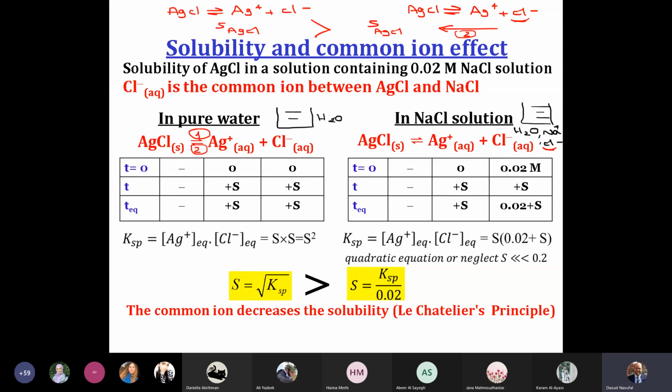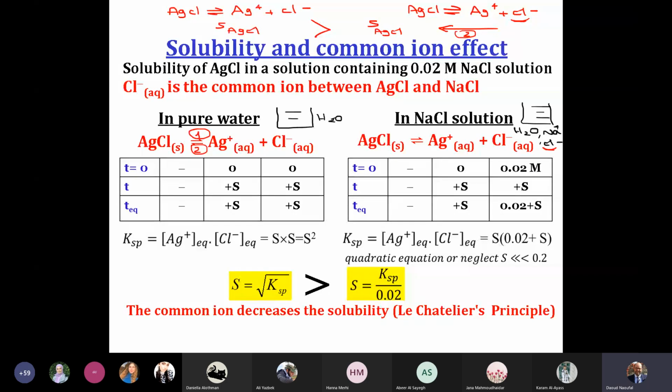The term decrease solubility means increase precipitation, since the solubility is the inverse of the precipitation. So the question now, what are the ways to increase the solubility of AgCl? In other words, what are the factors to shift the equilibrium in direction 1? Increasing solubility means shifting the equilibrium in direction 1.